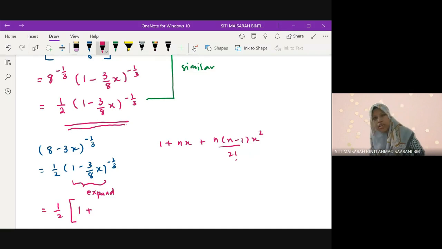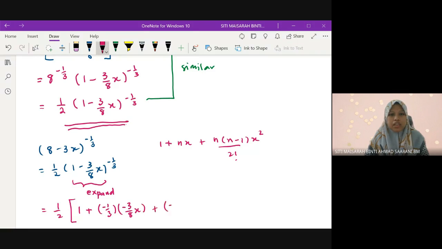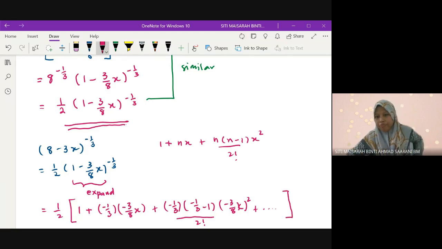Okay, so then n here is negative 1/3 multiply with negative 3/8x plus negative 1/3, negative 1/3 minus 1, negative 3/8x square over 2 factorial plus dot dot. Okay. Up to here, do you understand how to substitute into this formula?